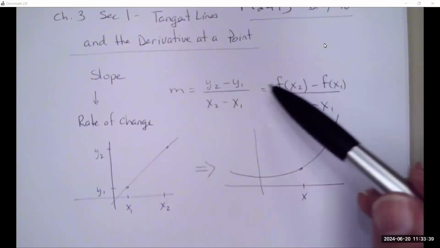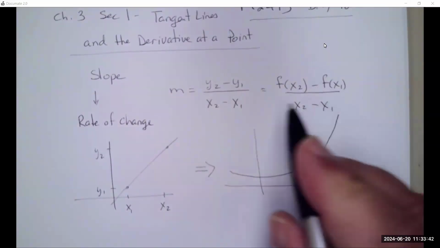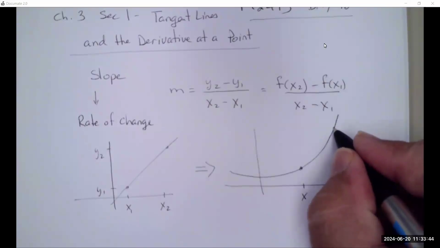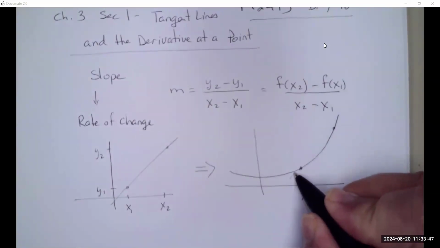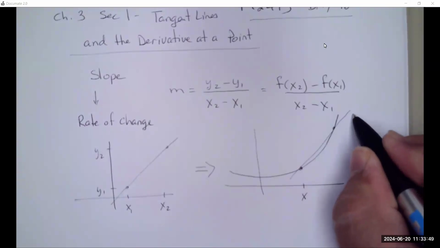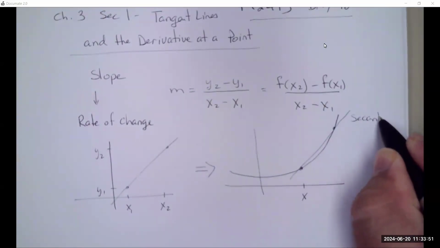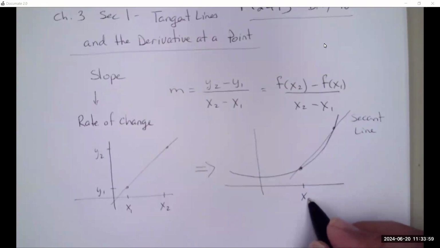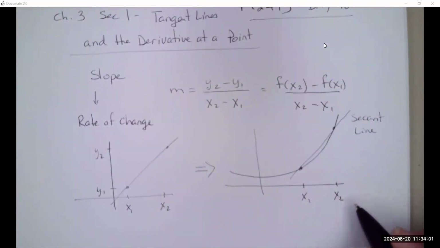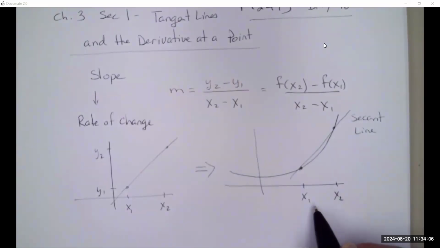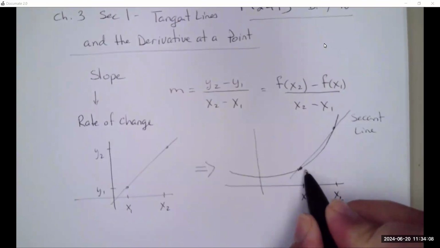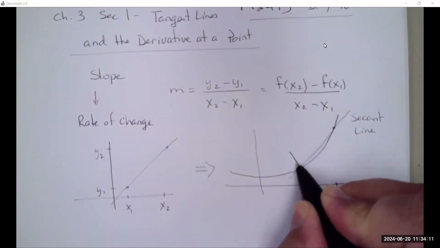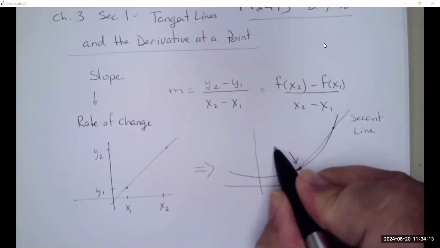So far, all these other definitions of slope required us to look at a secant line, where it crosses the graph at 2 points, where we have x1 and x2. Because what we want is to know what the slope is at that one point.